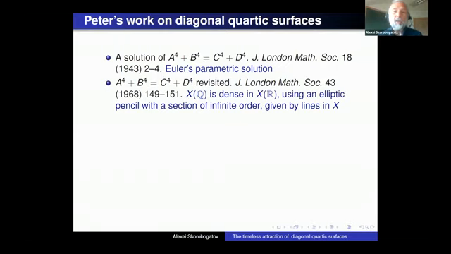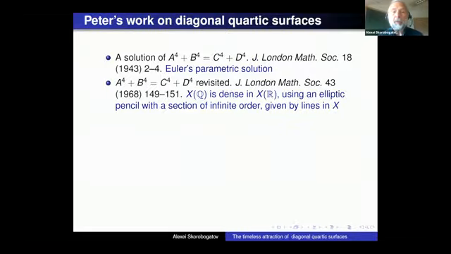One of those lines gives a section of this pencil which turns fibers into elliptic curves, not merely curves of genus 1, but genuine elliptic curves with a rational point. But then you can find yet another line which gives rise to a section of this pencil. And what Peter does, he shows that this section has infinite order, and then it's easy to check that the set of real points in each fiber is connected, and so you get immediately that if your fiber is a smooth curve, then the set of rational points is dense in the set of real points, and then that's it.